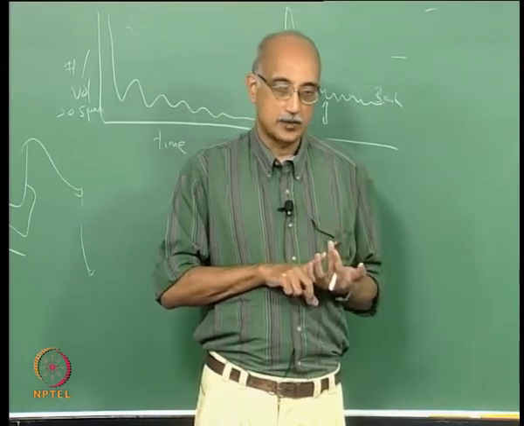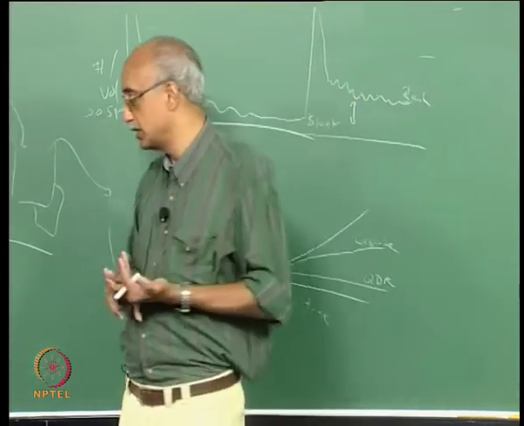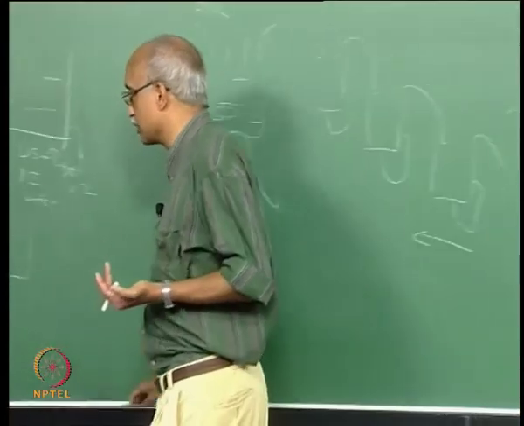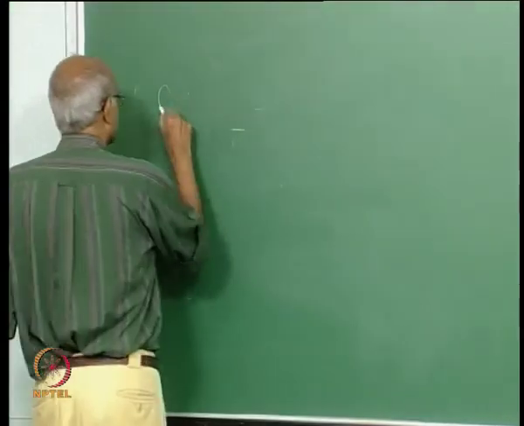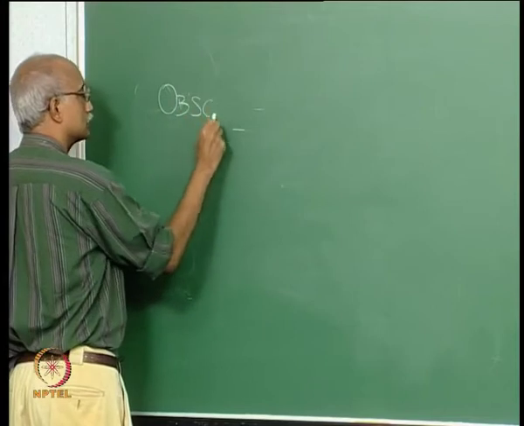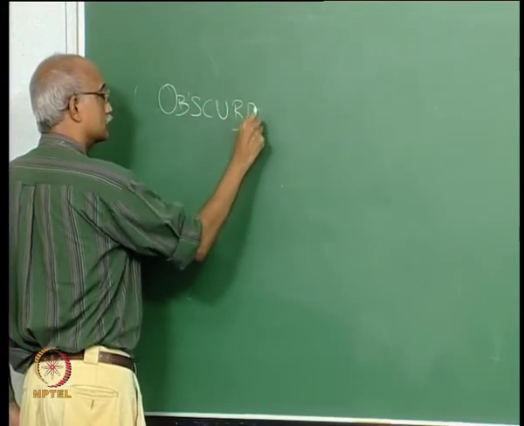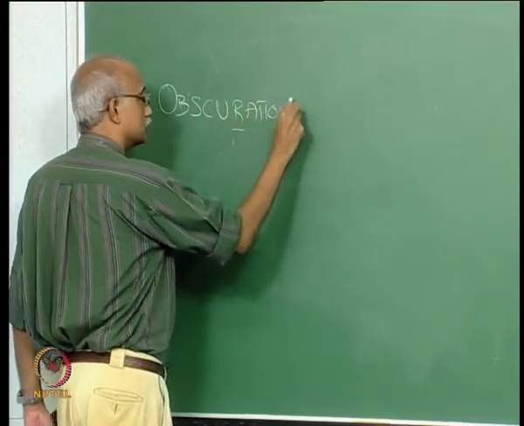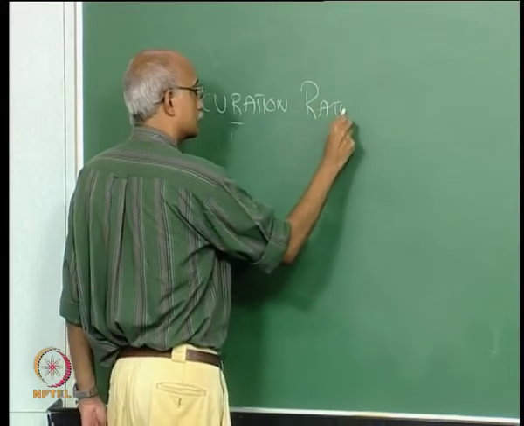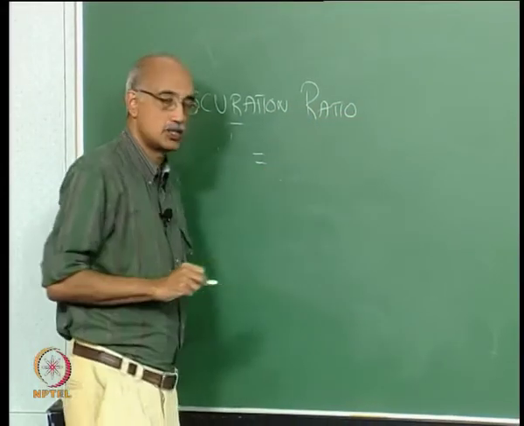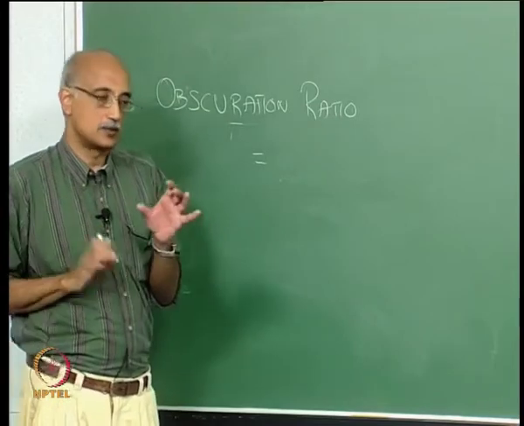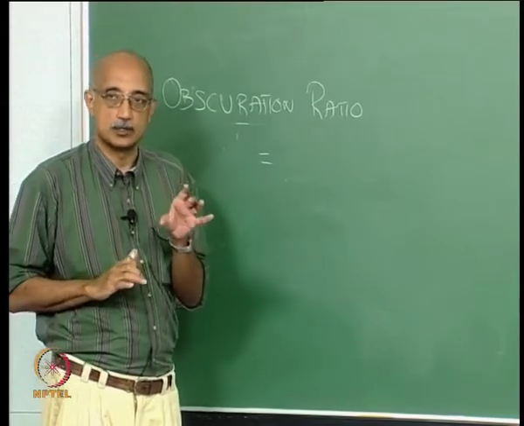And in fact, there is a parameter that has been defined in the aerospace industry, which is called the obscuration ratio. Obscuration ratio is defined as the percent of a surface that is covered by particles.